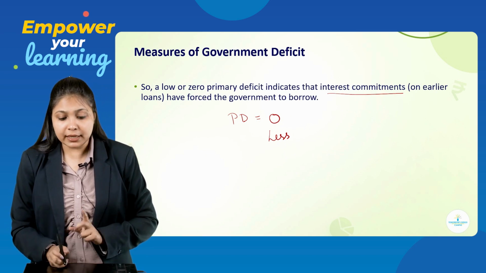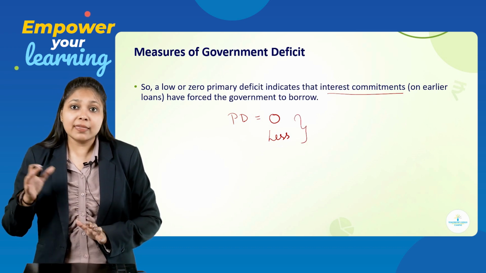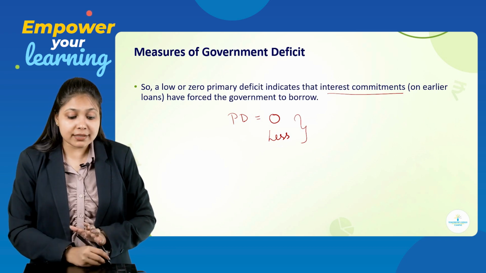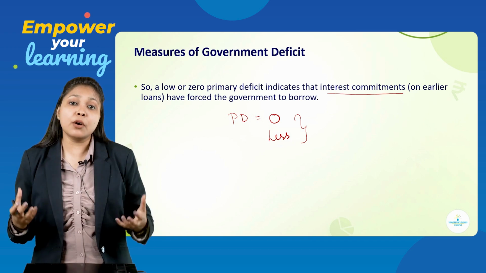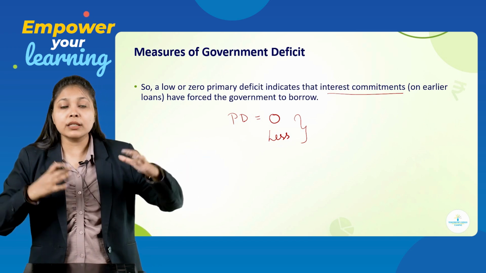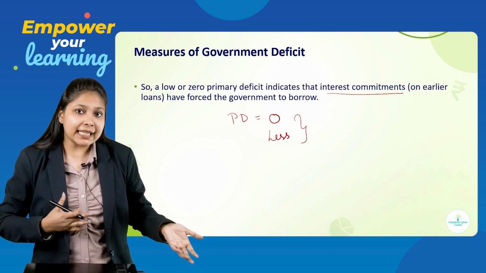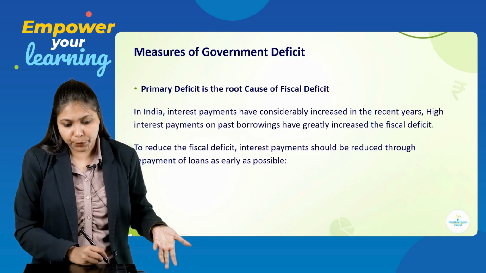Whenever your PD is zero or less, it will show that there are some circumstances because of which government has done more borrowings. That means the government has still not repaid the previous borrowings. That is why they are forced to do more borrowings.